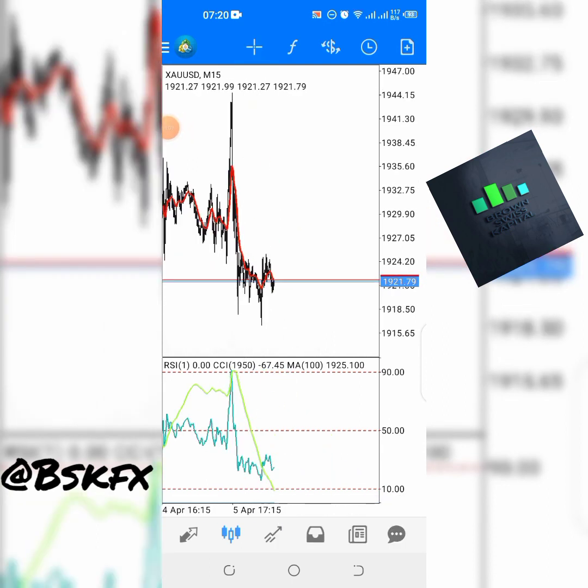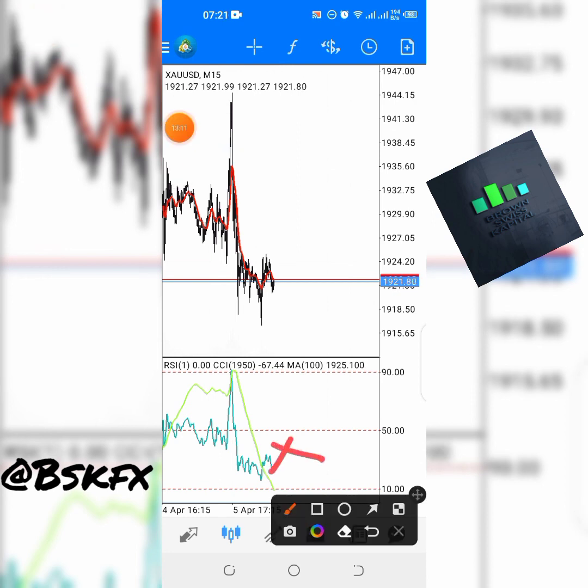So those are the new rules here. Like I was explaining, this is an invalid setup for me here because the CCI didn't touch the extreme 10 level. We want it to be coming this way, and it cuts the CCI which is in front of it.